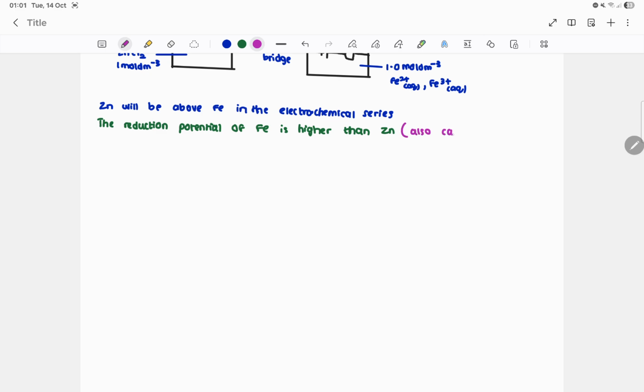Now let's say you don't know that iron is below in the electrochemical series. They have given you the values: zinc has a negative electrode potential and iron has a positive electrode potential.